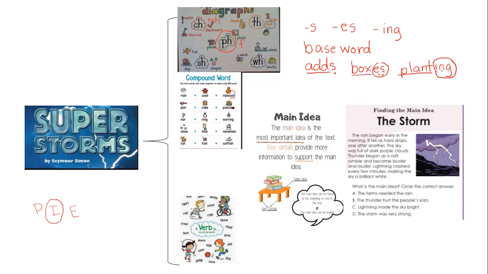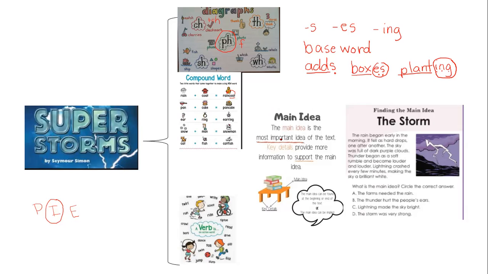A pancake is a cake shaped like a pan. Down here, snow plus man equals snowman. A snowman is a man made out of snow. So that's just a little trick that you can use that gives you the meaning of the compound word. So that's a vocabulary strategy.